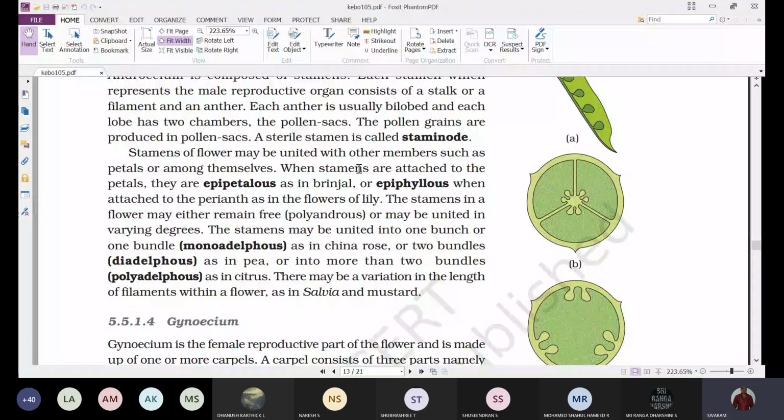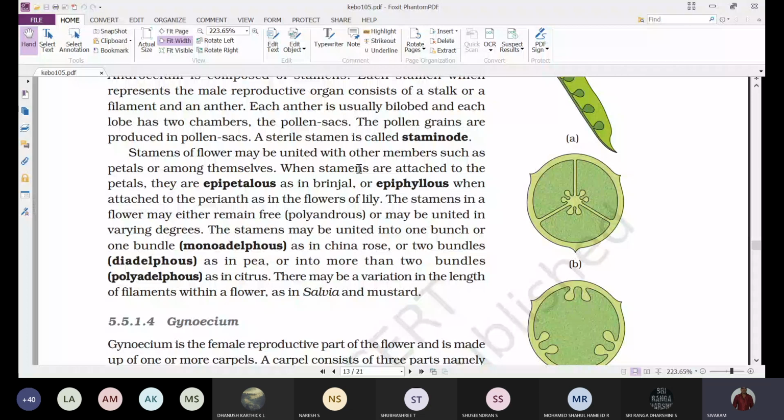So if the stamens remain free, not attached with any other structures, we call it polyandrous, or they may be united in varying degrees. The stamens may be united into one bunch or one bundle, called monoadelphous, as in case of China rose, that is hibiscus.